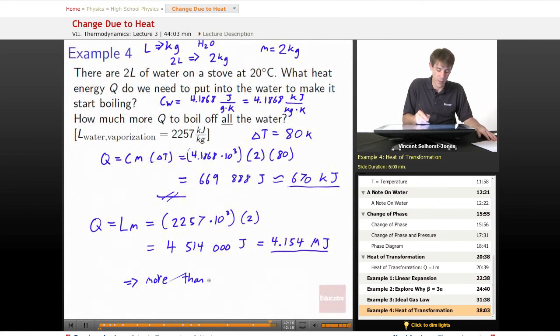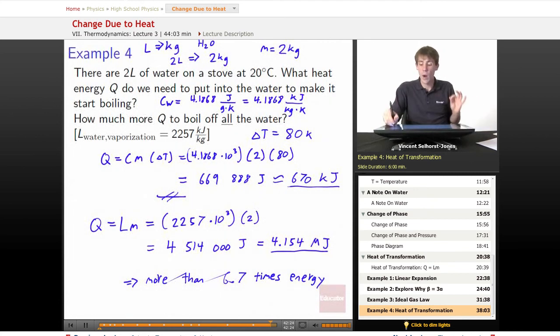That's more than 6.7 times the energy. So it takes way, way more energy to get it to actually boil off than it does to get it to the point where it can just begin to boil. Because as we add a little bit of energy, a little bit of the water will boil off.